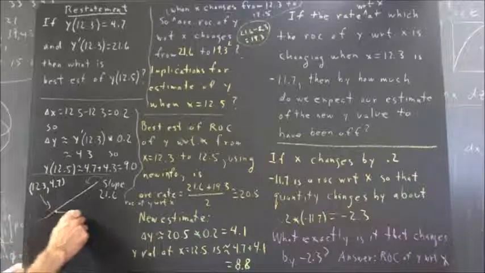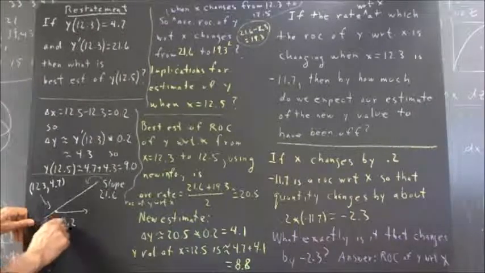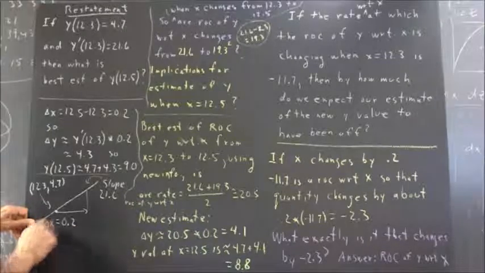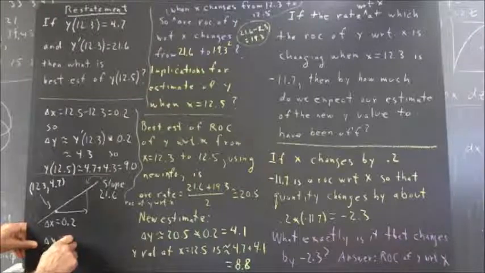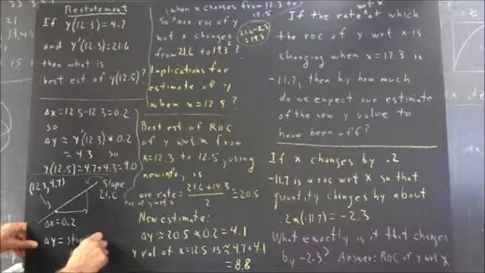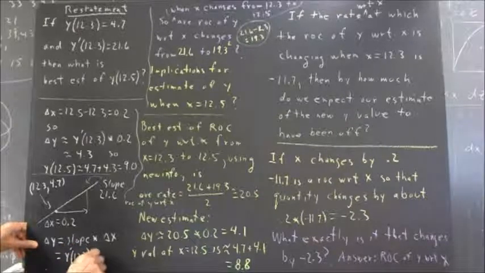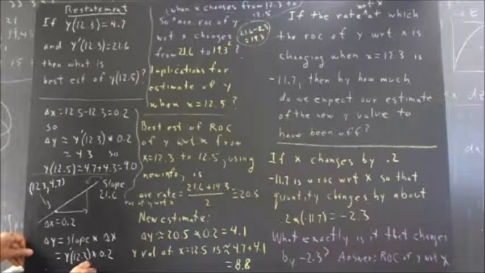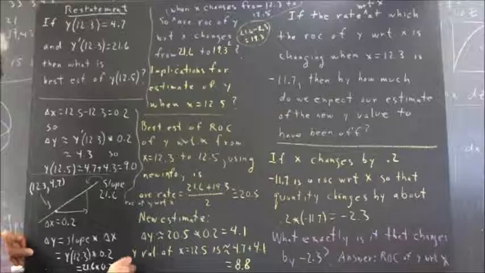So if we move .2 units here, and of course that would be our delta x, then delta y along this slope segment is going to be slope times delta x, which is y prime of 12.3 times 0.2, which is, running out of room down here, but we'll try to slip it in, 21.6 times 0.2, approximately equals 4.3.